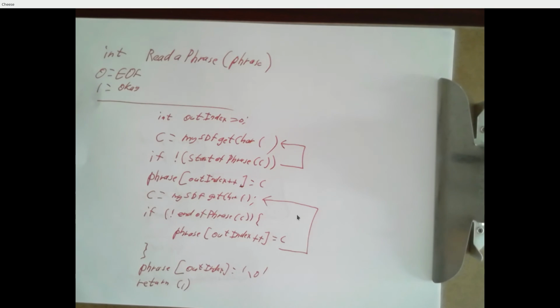Now, if you decide this is going to be one of the first functions you write, what can you do? You can code this up. If you don't want to deal with my super duper get char, don't worry about it. Just use getchar and understand that lowercase letters will be lowercase, new lines will be new lines, parentheses will be included, and so on. But just don't use those in your test cases, maybe.